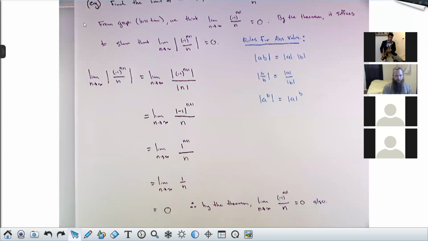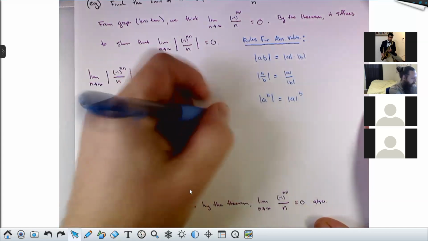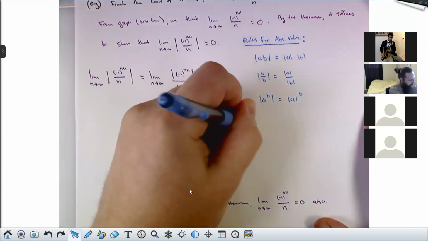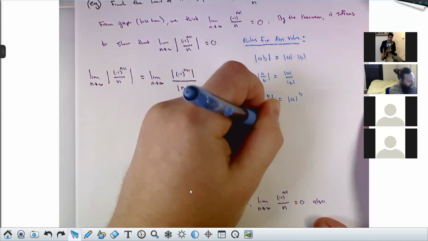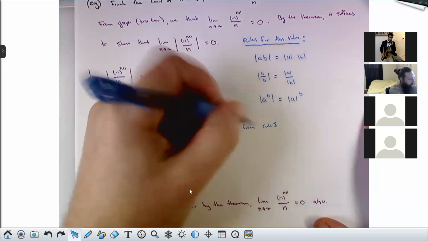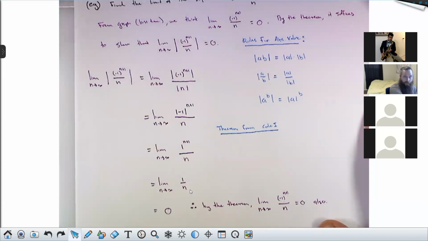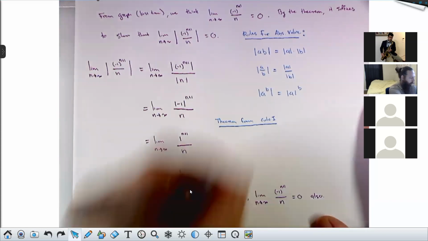So the 1 over n limit here being 0, this isn't something we should have to think too hard about. There's a theorem from Calc 1 which you may or may not remember. I'm going to restate it here in terms of the variable n. The first time you saw this, it would have been in terms of the variable x.